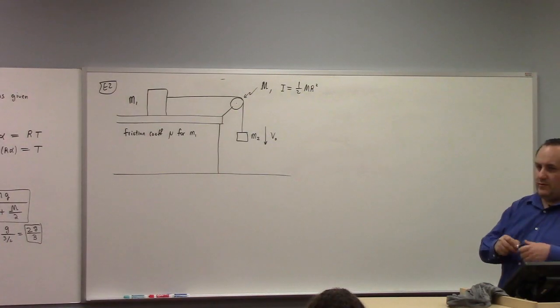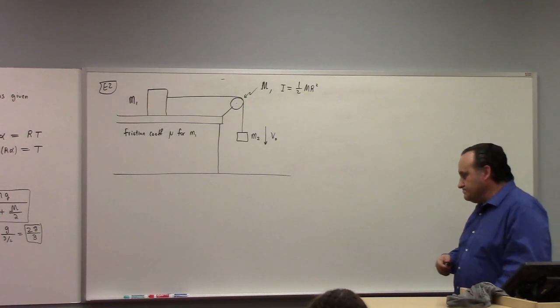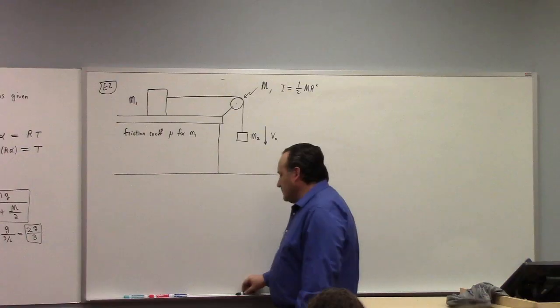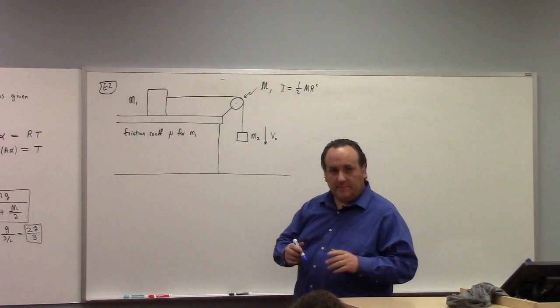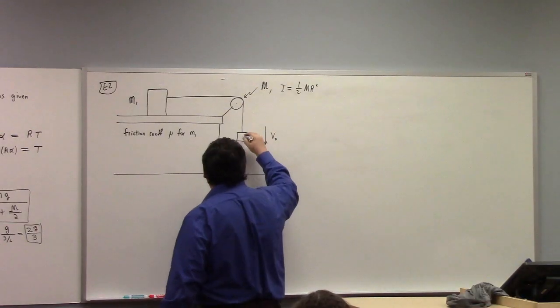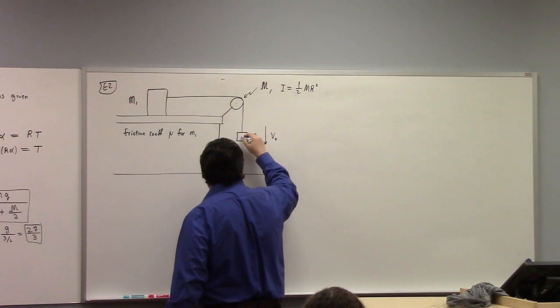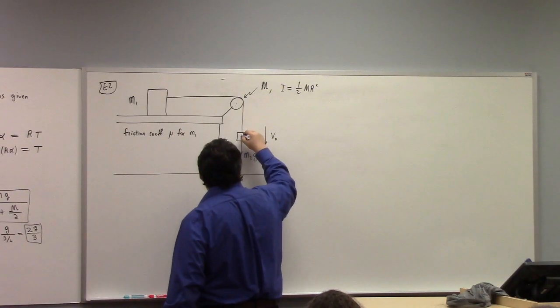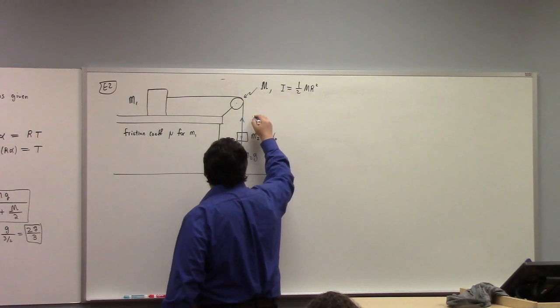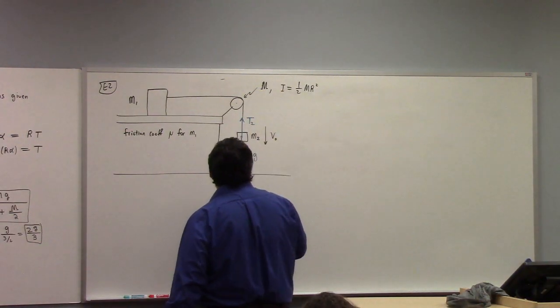So how do we solve this problem? What are we up against here? So let's go through it bit by bit. First of all, we'll do the easy part. M2 is kind of the easy part. We've got M2G going down, and what do we have going up? We have, let's call it the tension on mass 2. Let's call it T2. All right?